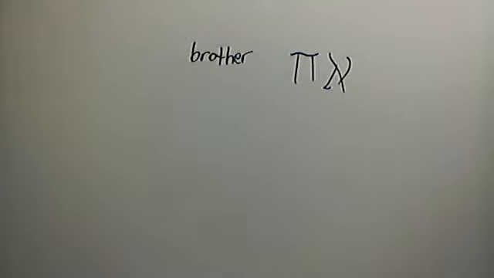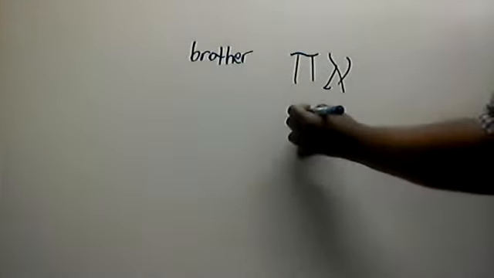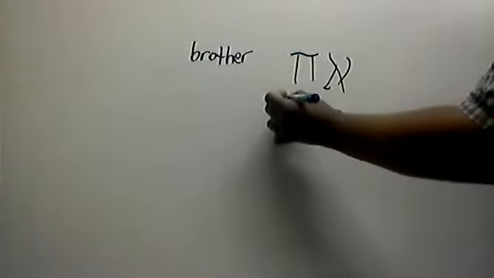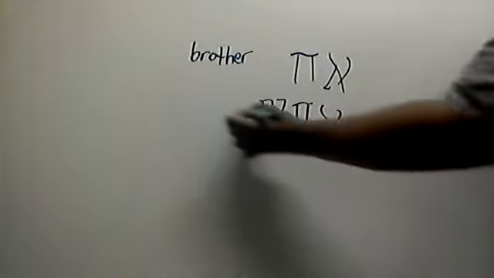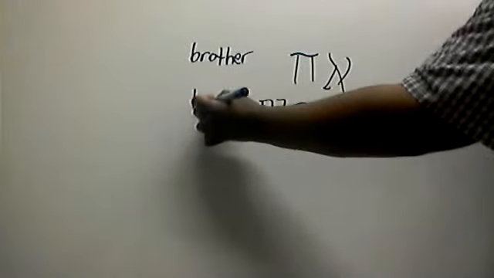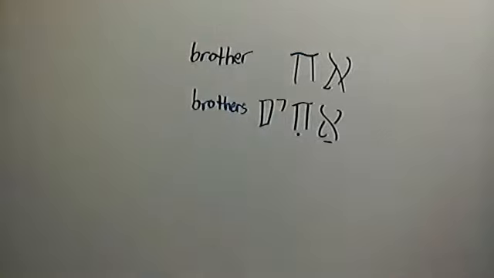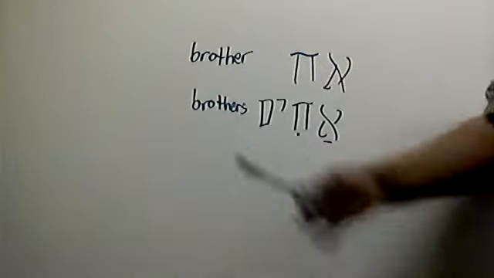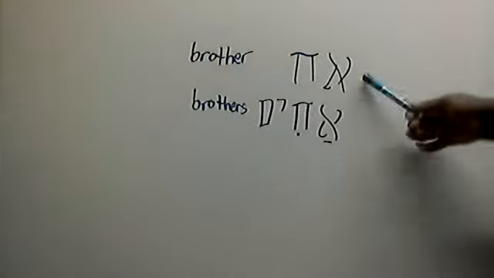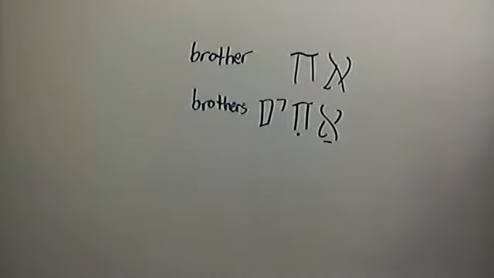The pluralization of this word is this here: achim, which means brothers. Ach, meaning brother. Achim, meaning brothers. So this is what we want to go over and show for reason and purposes, if you will.